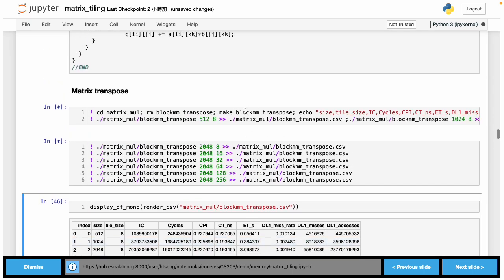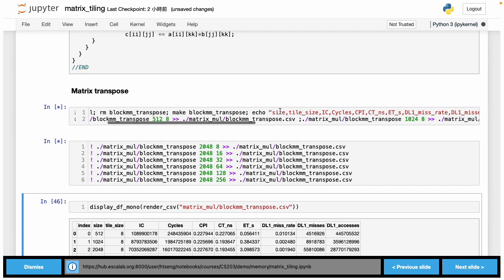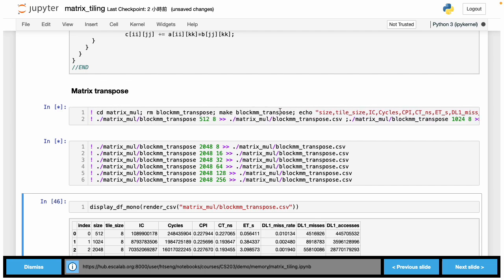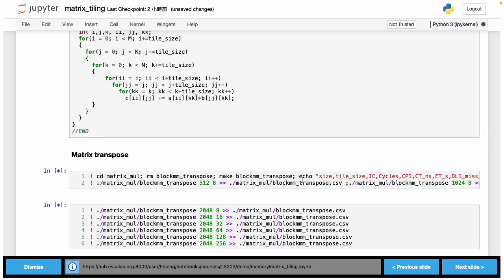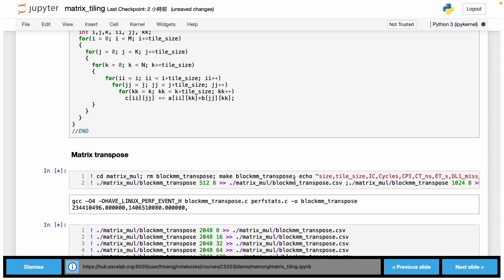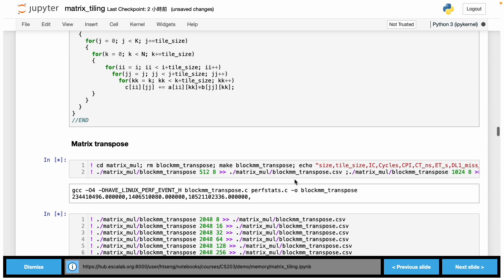So again, I'm doing the matrix multiplication with different sizes. And one thing I want to mention, the timer that I put here also includes the transposition overhead. So it's not just the matrix multiplication itself, but also the matrix transposition, to be honest, right?